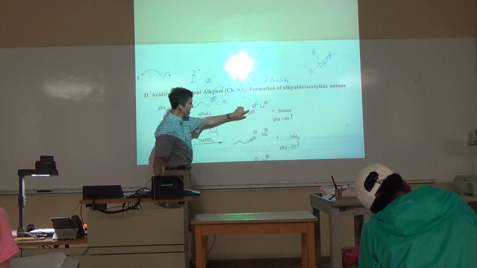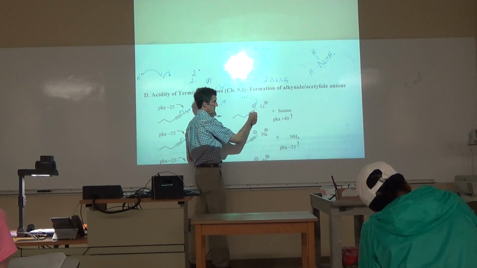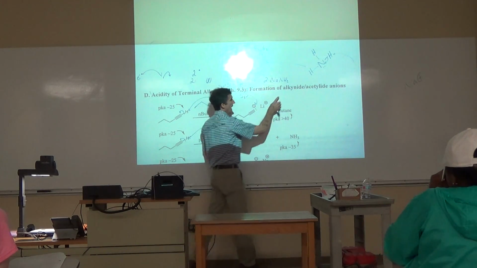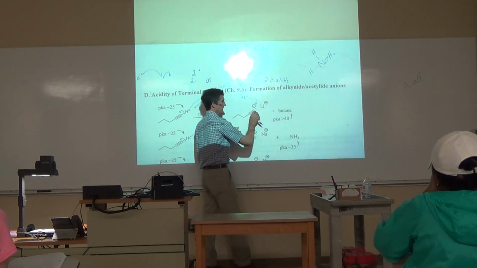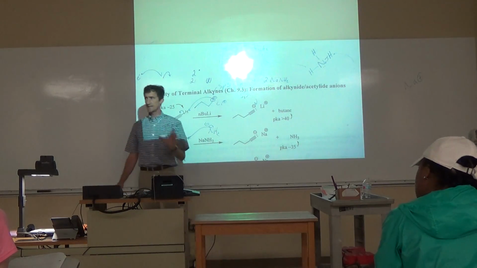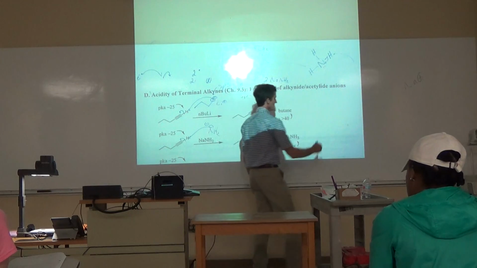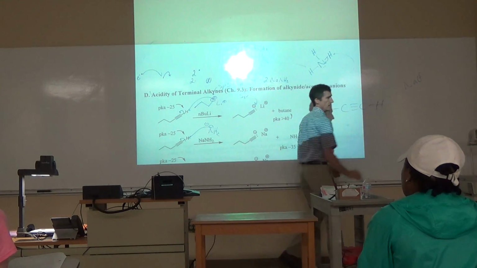What do we call this? We can call this a carbanion. We can call this maybe an alkyne carbanion. What other names can we call this? Alkynide. It's like an alkyne anion. More common though is acetylide. Acetylene is the simplest alkyne. The 2-carbon alkyne is called acetylene.